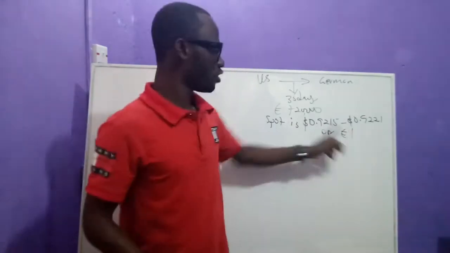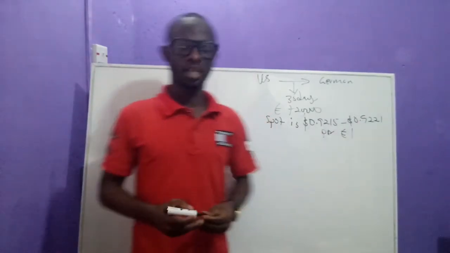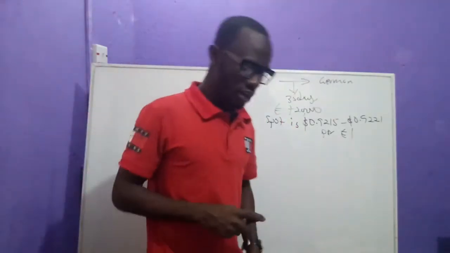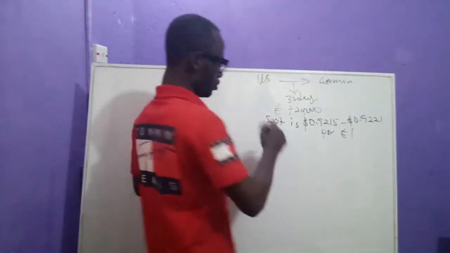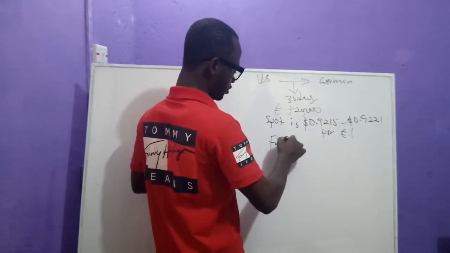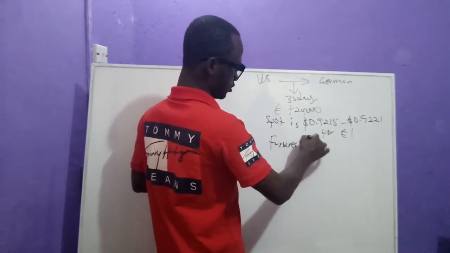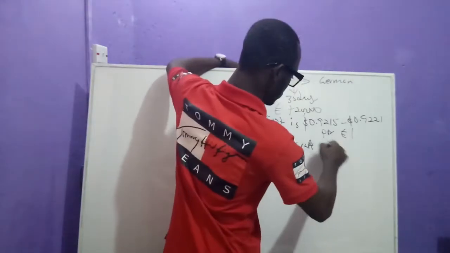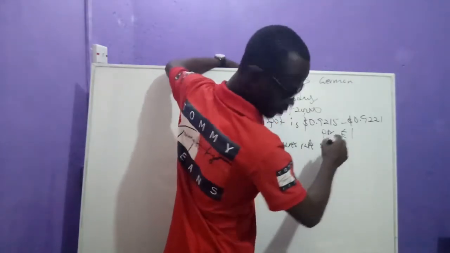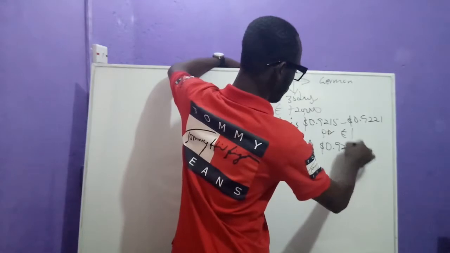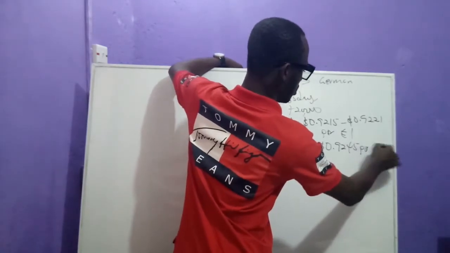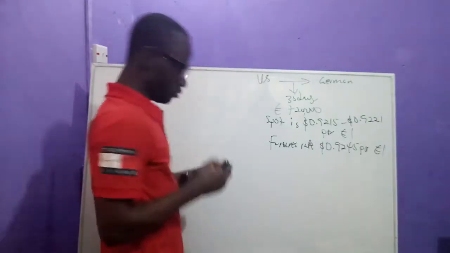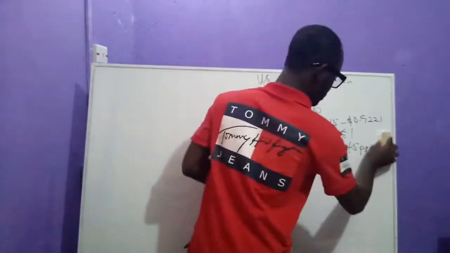It means 1 euro is this, 1 euro is that in relation to that. And the euro futures rate has been given as 0.9245 per euro.